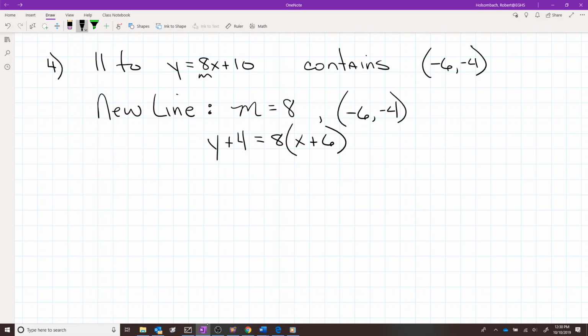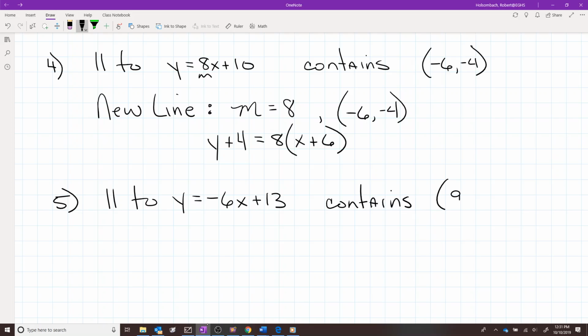Number 5. What is the equation in point slope form for a line parallel to y equals negative 6x plus 13, that contains 9, 5?